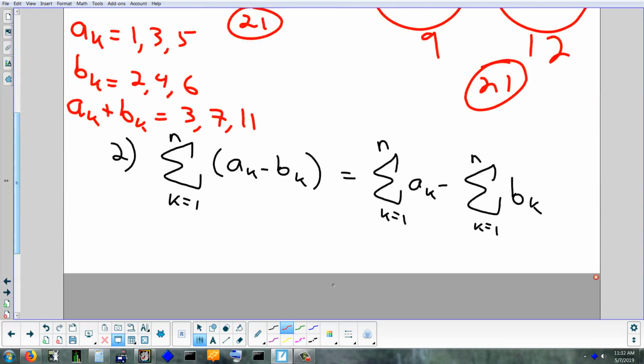So if you want to subtract 2 sequences, you can either subtract each number corresponding in the sequences, write those down, and then add them up. Or add up all the numbers in the first sequence, add up all the numbers in the second sequence, like 9 and 12, and then subtract those 2 numbers.